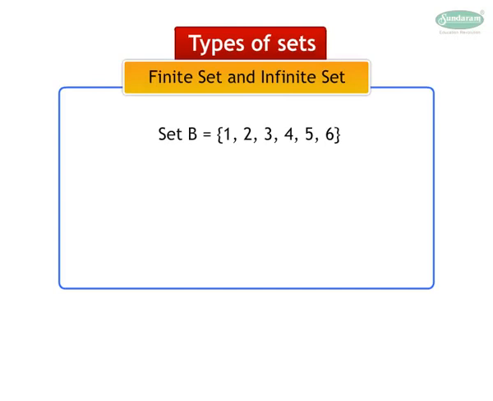There are 6 elements in set B. Hence, set B has elements which are within the limits of counting. We can easily count and say that set B has 6 elements. Such a set is called a finite set.